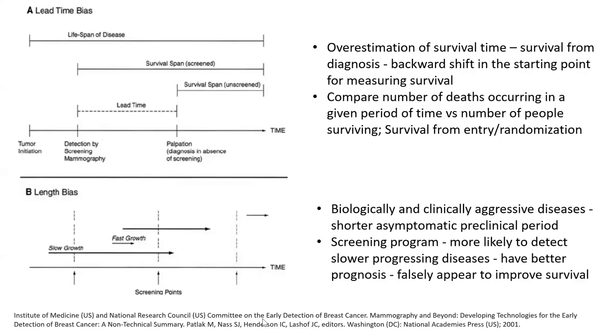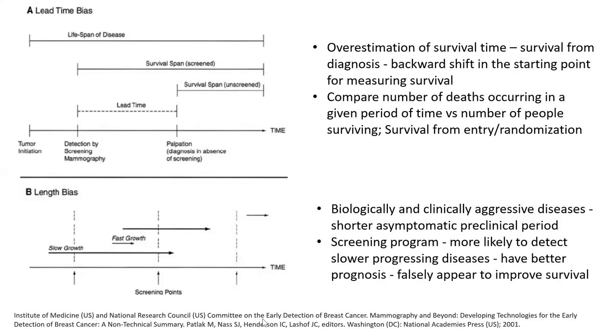So if a screening is conducted at a given point, the slow growing tumors will be identified through the screening programs, and it will give a false sense that the patients have a longer survival time based on the time of identification, which is not true.